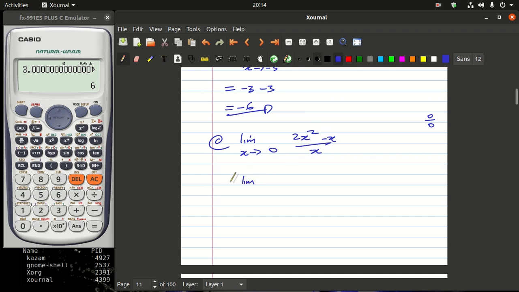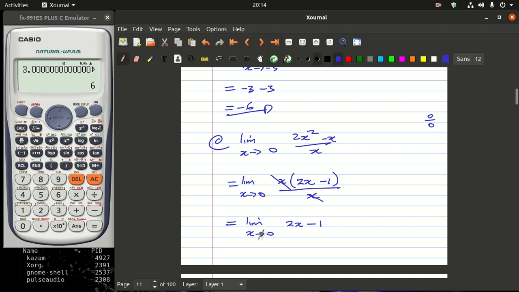So we'll have the limit as x approaches 0 of x, because we have x everywhere. If I take one x out of this, I'll be left with 2x, and another x, I will end up having a 1, all over x here. This x and this x are a problem here, so let me take them out. Now we're left with the limit as x approaches 0 of 2x minus 1.